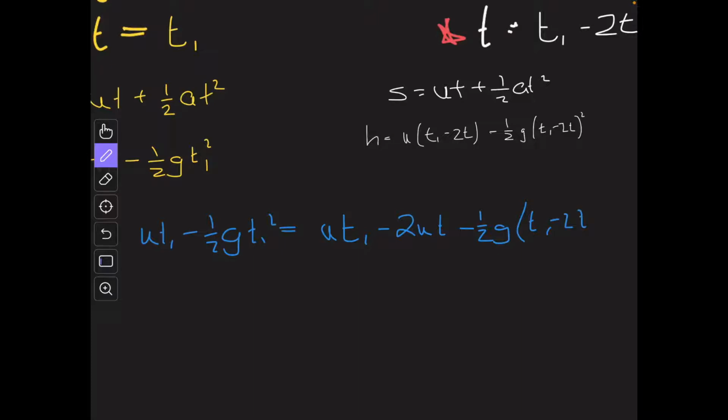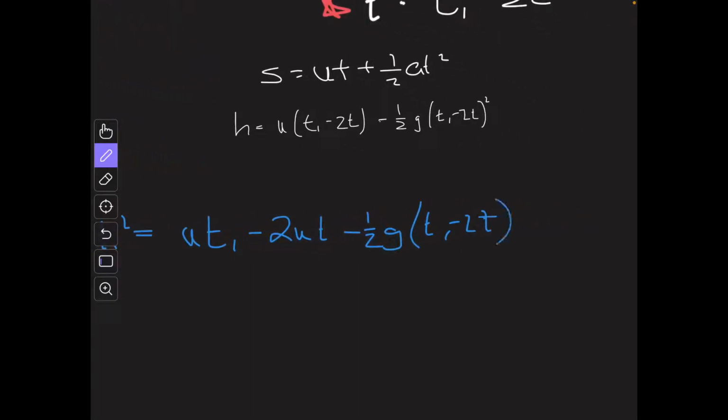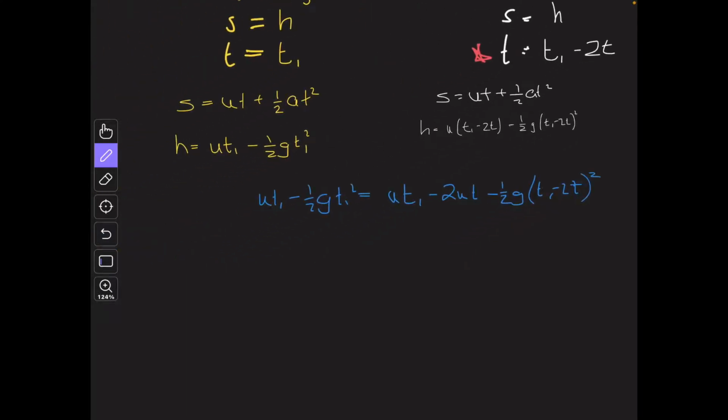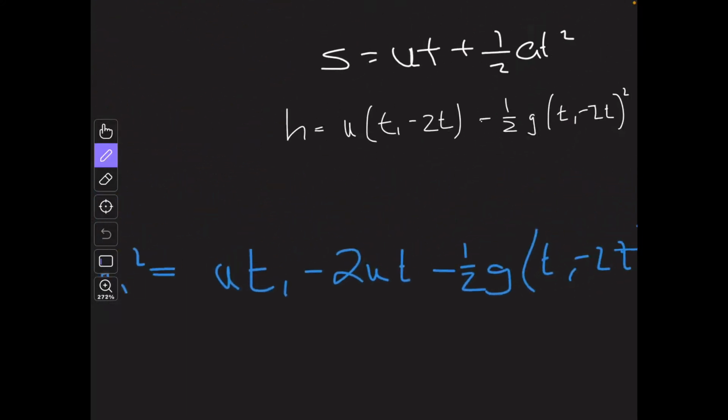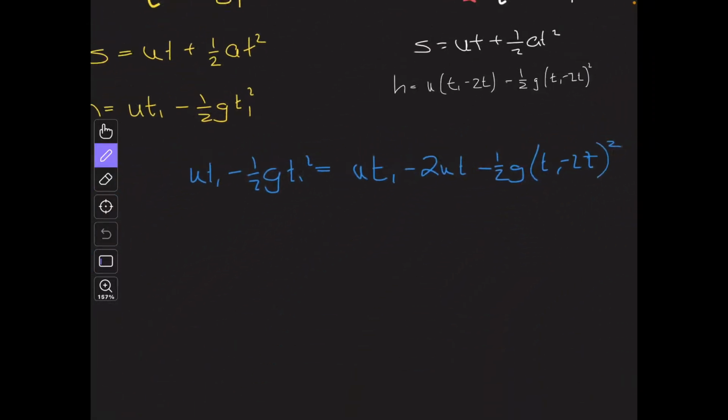If you're wondering where I got those first bits, I apologize for the terrible stylus, there's just not much I can do. If you're wondering where I got these two bits, I just expanded this bracket, u by t1 minus 2ut. So let's just take a look as we go.